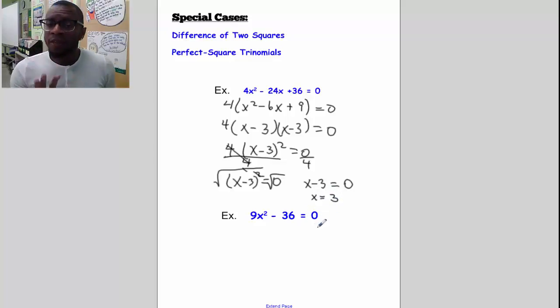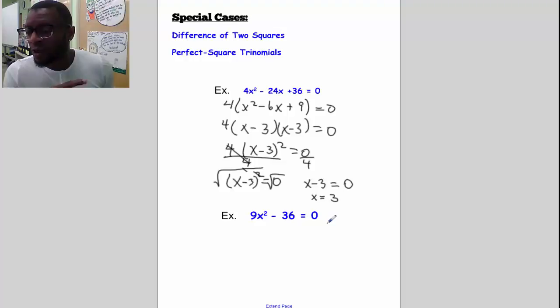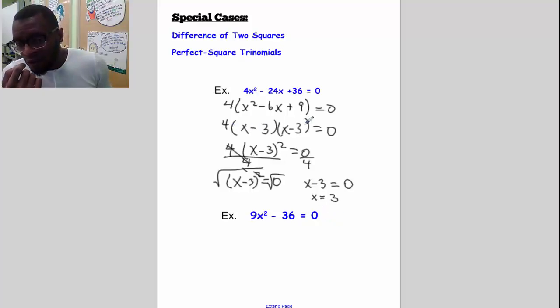This example is a little weird, right? Remember, whenever we're solving quadratic equations, we expect two solutions. Here we only have one solution. What that means is, even though we have two binomials here, both of these binomials have x equal to 3 as a solution.